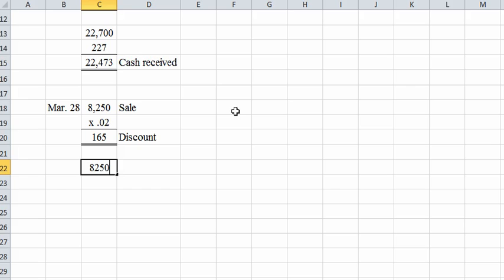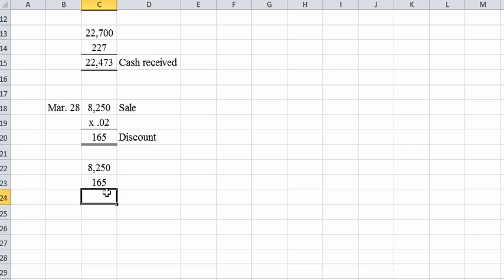And we'll take the $82.50 and subtract the $1.65, which gets us $80.85. That's going to be cash received from the credit customer, right? Okay, so we're going to debit cash for $80.85.